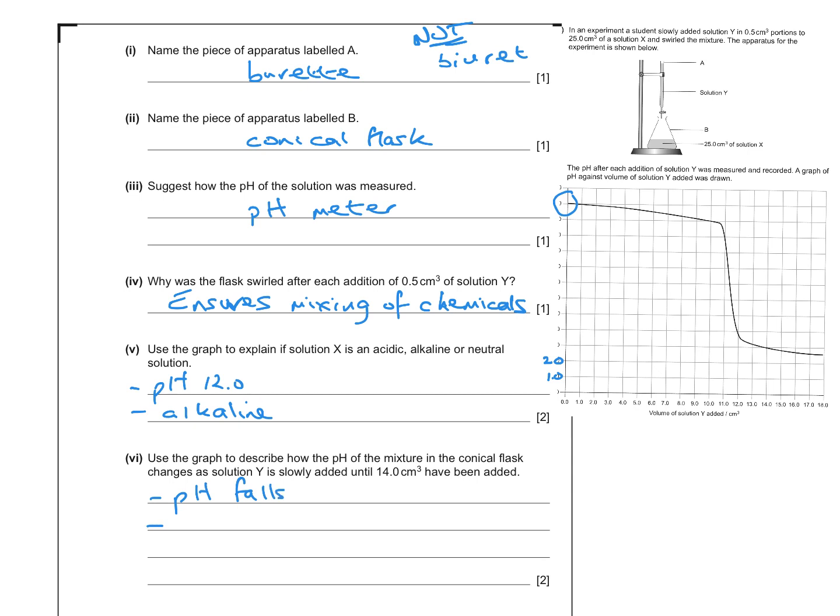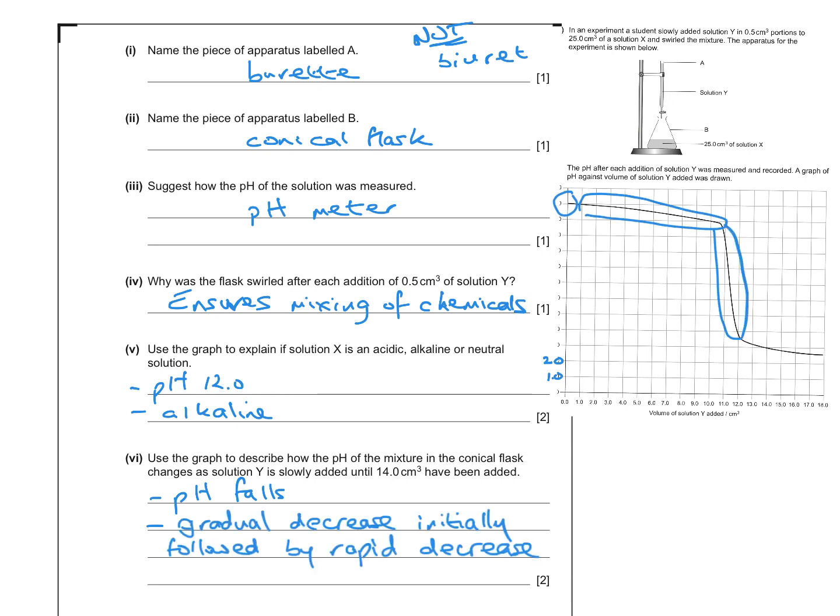And then you can see that initially on this part it falls gradually, and then there's a sudden decrease there. So this question is just asking you really to describe in fairly simple terms the shape of that graph. What do you see happening to the pH?